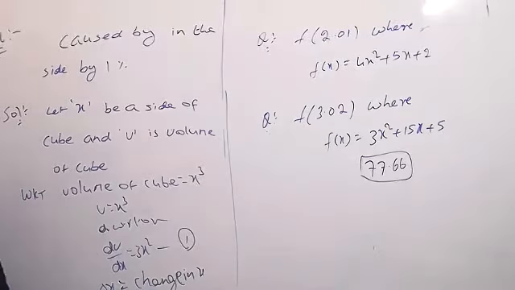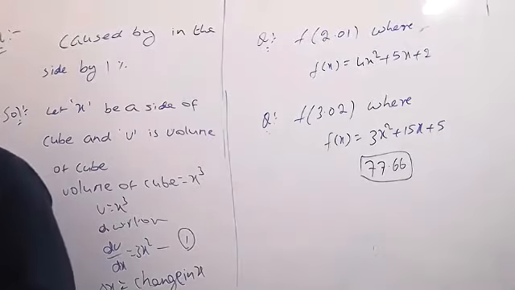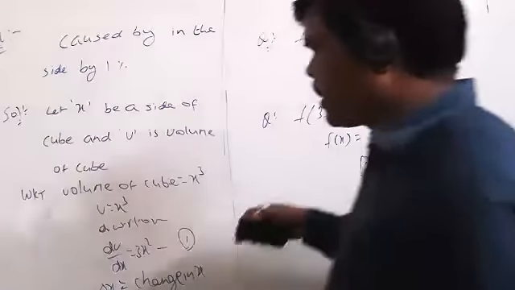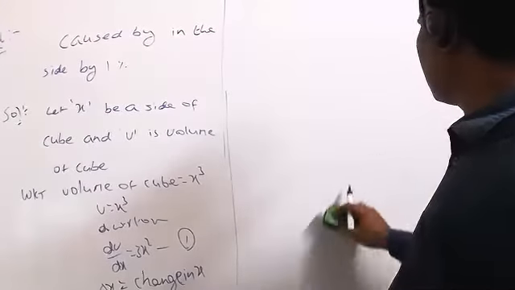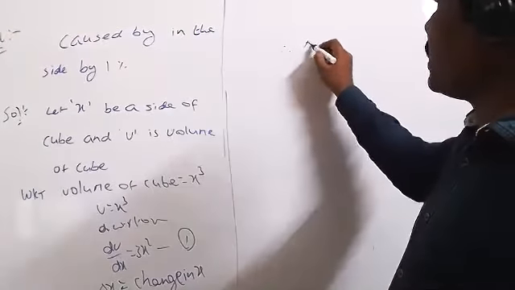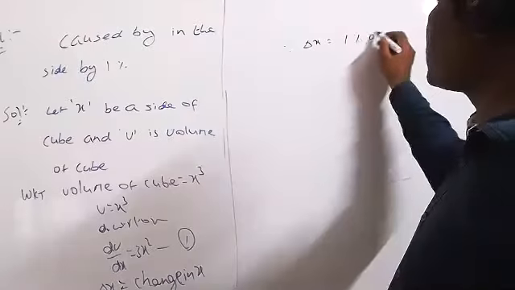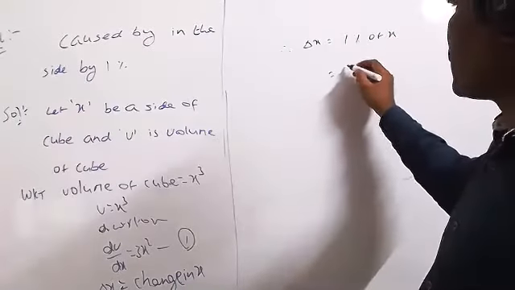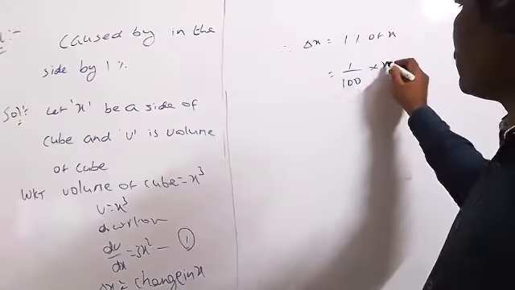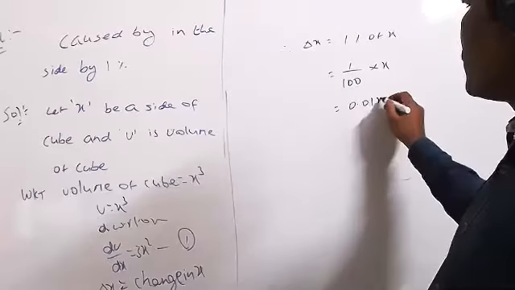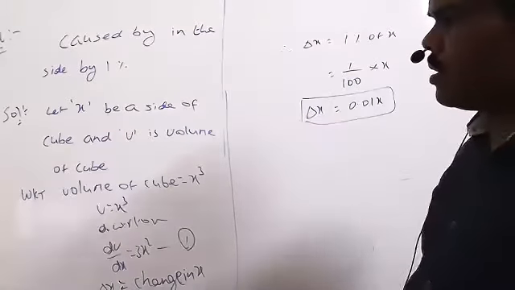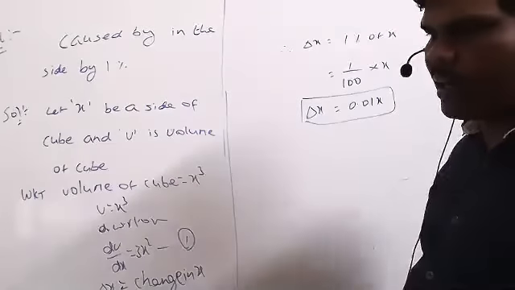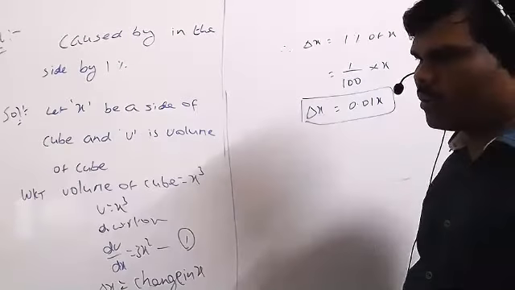They gave the condition, 1% of x is given. So delta x equals 1 by 100 into x, which is 0.01x. The value of delta x is 0.01x, and the value of x you can take as x only.